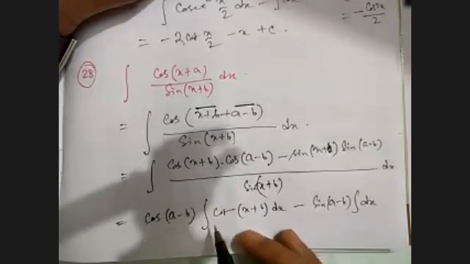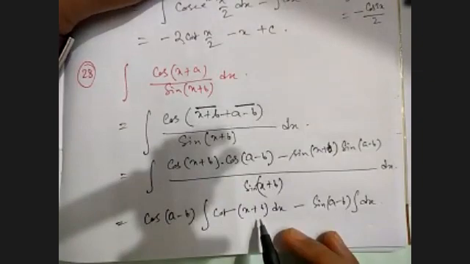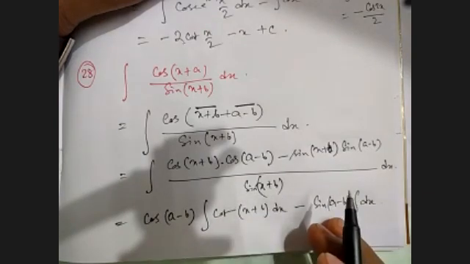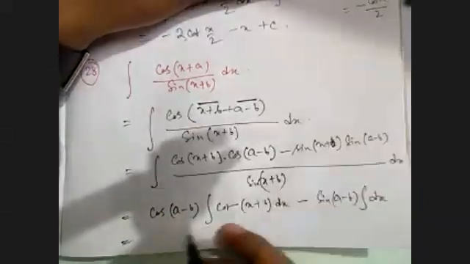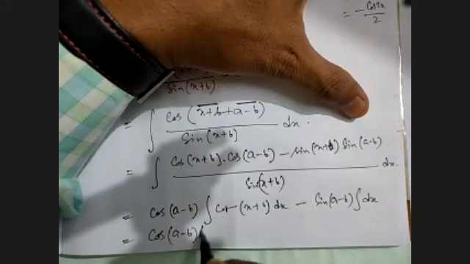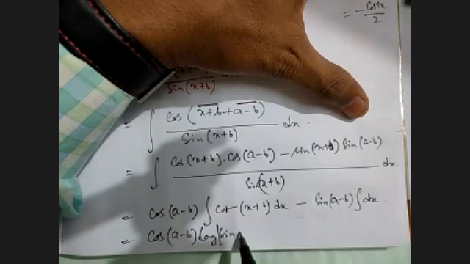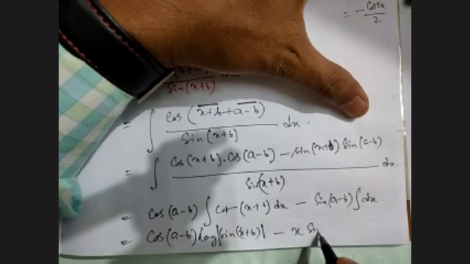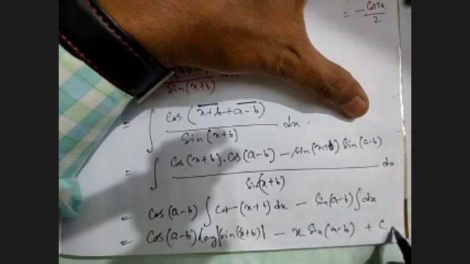Now integration of cot of (x plus b), we have the formula: this is log of sin (x plus b). This formula we will learn in the next chapter. Now I am applying the formula. So cos of (a minus b) into log of sin (x plus b) minus, here it is coming sin of (a minus b) times x, plus c.